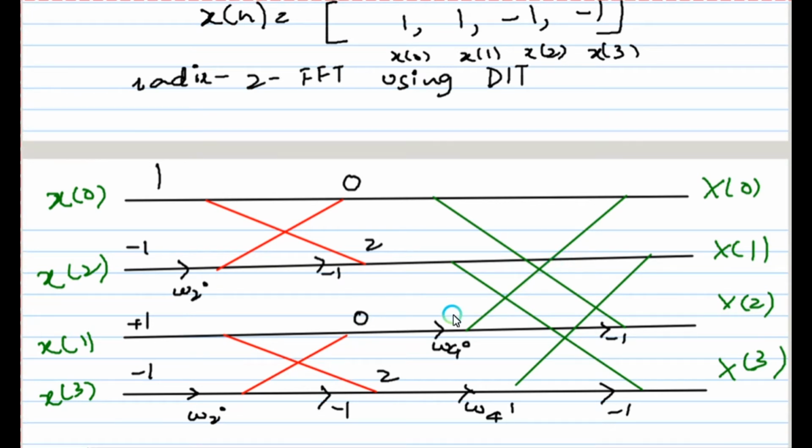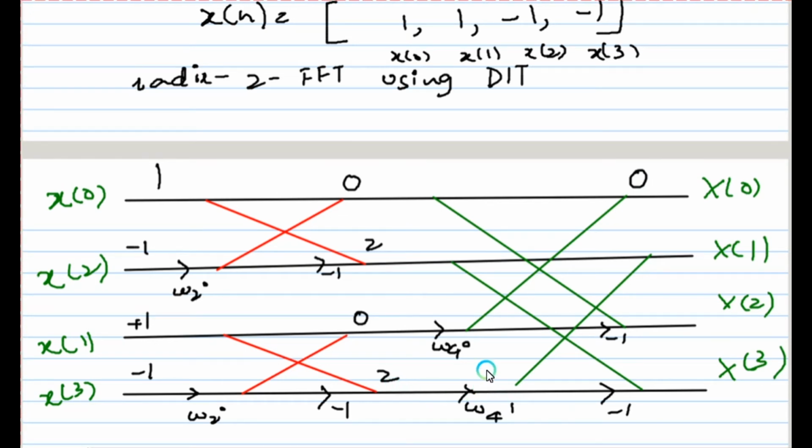Then we have a multiplication by twiddle factor. W40 is 1, W41 is minus j. So let's go to this summation first. 0 into W40 is 0, so 0 plus 0 is 0. Then at this point, x of 1, this is 2 plus W41 into 2.